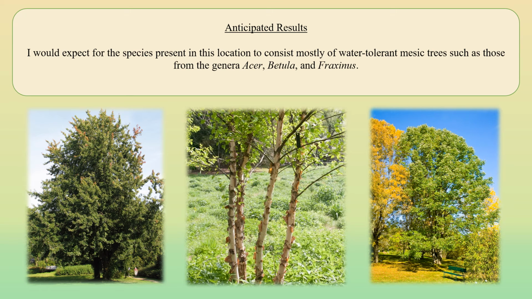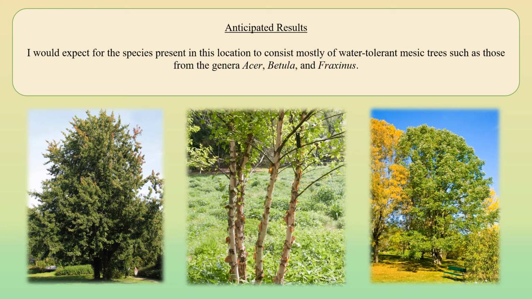For my anticipated results, I would expect for the species present in this location to consist mostly of water-tolerant mesic trees, such as those from the genera Acer, Betula, and Fraxinus, and below I have images of these 3. On the left, I have an Acer saccharinum, which is silver maple.